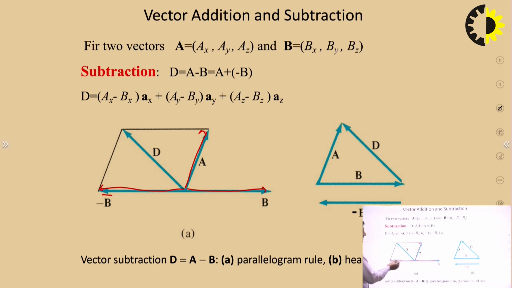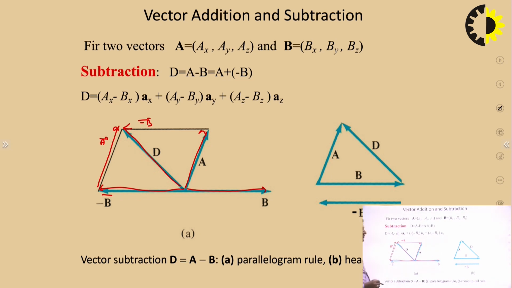The resultant of those two vectors is vector d, defined here according to the law of parallelogram. So this is vector a and this is vector minus b. By using the parallelogram technique, vector d is equal to vector a minus vector b.